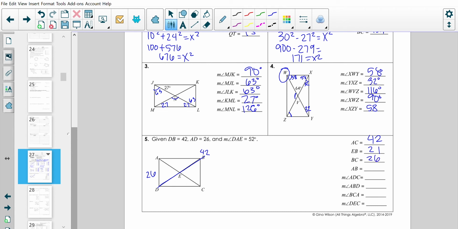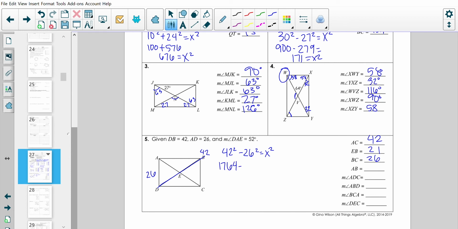And how do I find AB? 42 squared minus 26 squared. What's 42 squared? 1764.